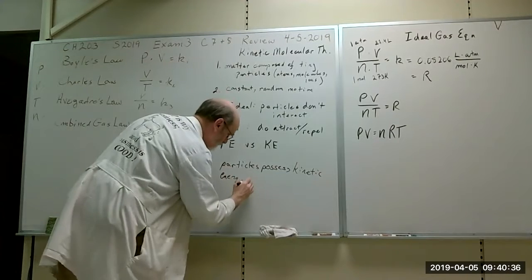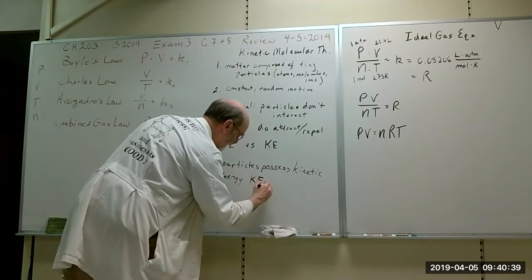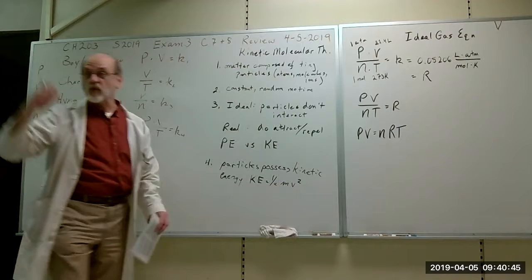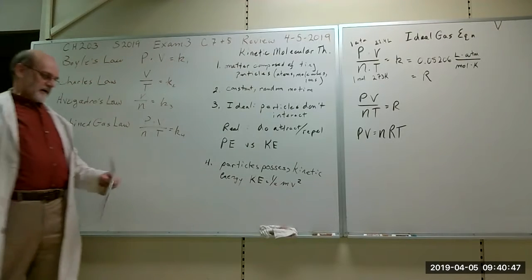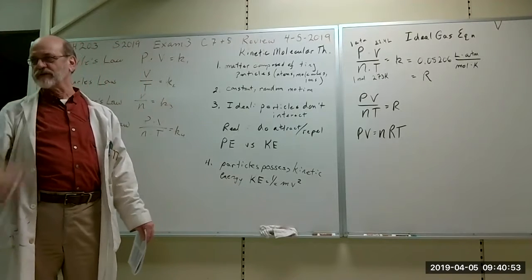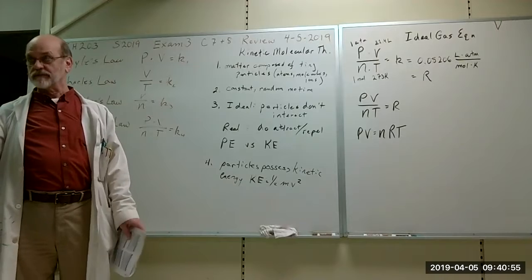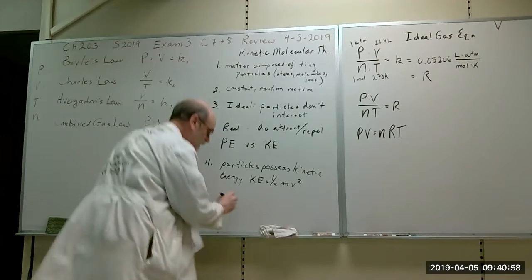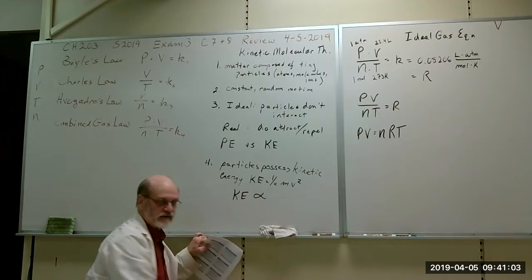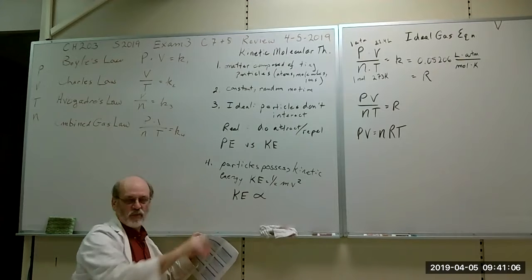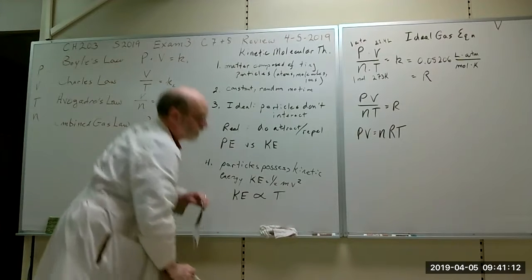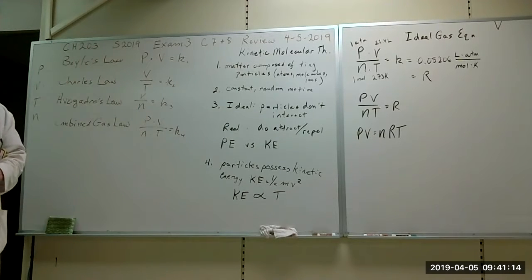For any one particle, you can calculate the kinetic energy as 1/2 times its mass times its velocity squared. But it's kind of difficult to do that for those tiny particles, so we sort of take an average. And we know that the kinetic energy is proportional to, that's what this sign means, sort of an open-ended infinity sign, temperature. So we know that if the temperature goes up, kinetic energy goes up.